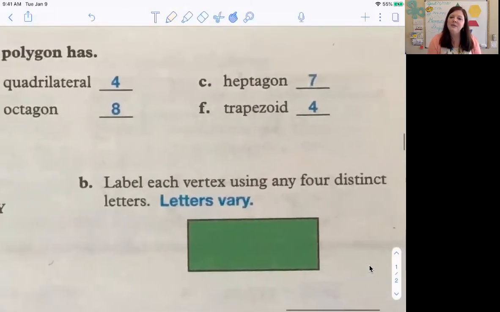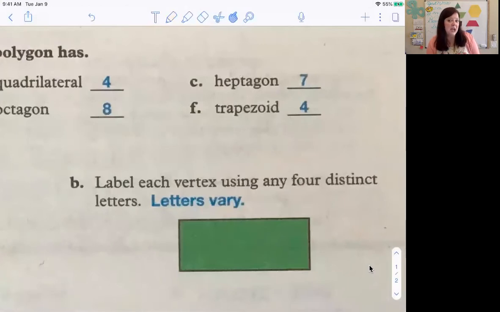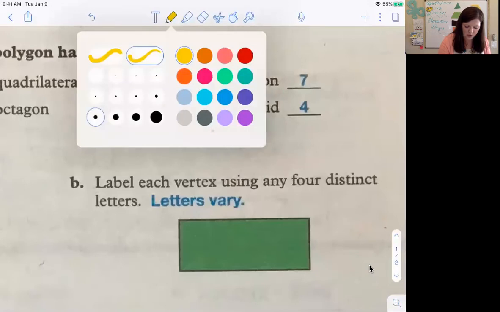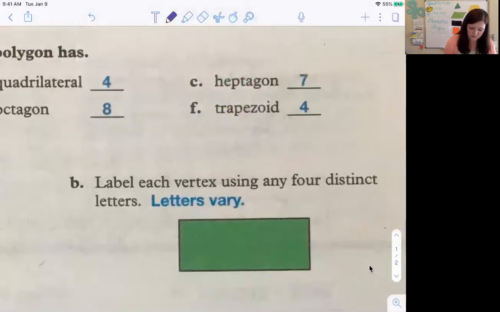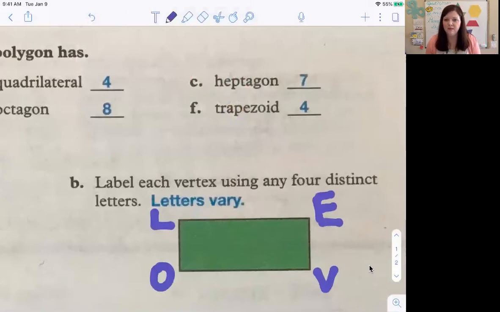Letter B, label each vertex using any 4 distinct letters. Notice how it says for the answers, letters vary. That means you can pick whatever letters you want. Let's see, I'm gonna go with, because I love geometry.